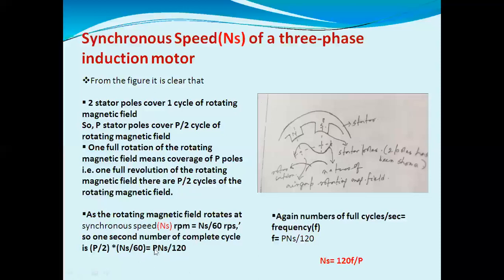So frequency f equals p Ns by 120. From that we calculate the synchronous speed Ns equals 120 f by p. This is called the synchronous speed.